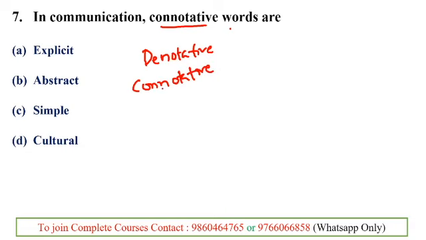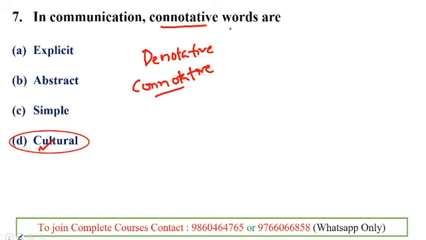Both play an important place in communication, and you can get the important difference between them. So the connotative is expressed in cultural terms; in the connotative you can see the figuration or the representation of particular words or particular events. So that is cultural. So the answer for this question is cultural.